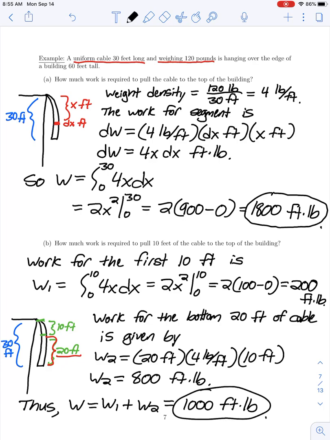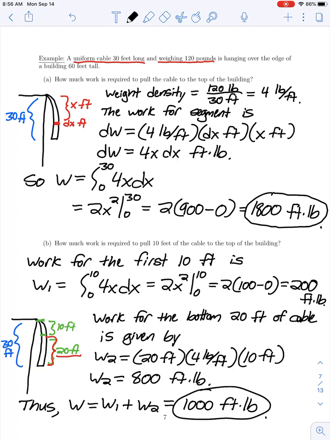So something interesting that we might compare here is our answers for part A and part B. In part A, we said, to pull all 30 feet of cable to the top of the building was 1,800 foot-pounds. However, in part B, just to pull in the first third of that cable was 1,000 foot-pounds, well over 1/3 of the total work to pull in all 30 feet that we found in part A. So why would that make sense?